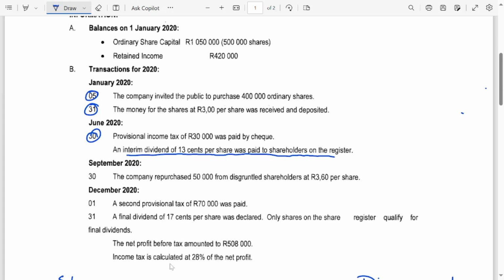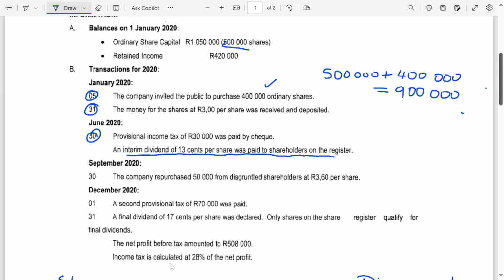Right? So how many shares are there on the register? So first, we have the shares that are here at the beginning of the year, which are 500,000. And then we have the new shares that were issued of 400,000. So it means that now we have the total of how many shares? 900,000 shares.